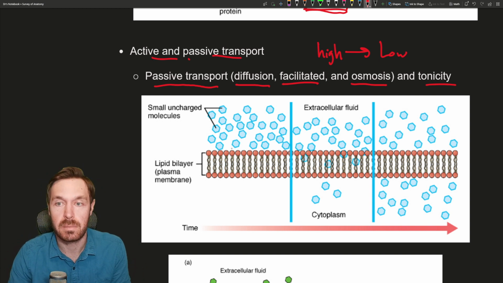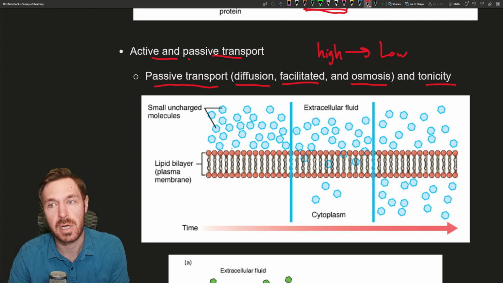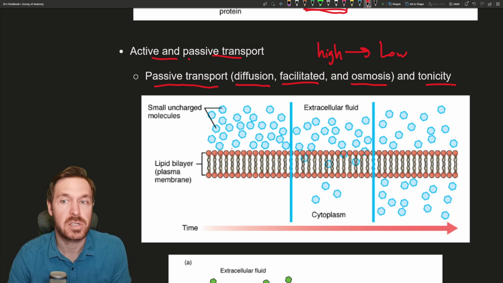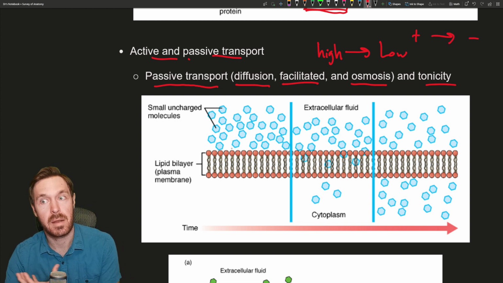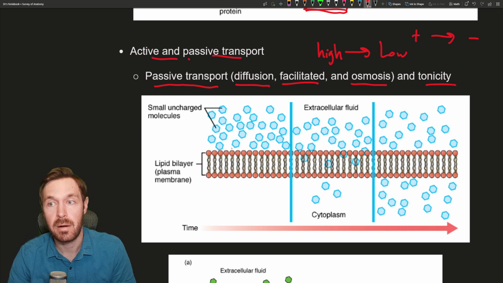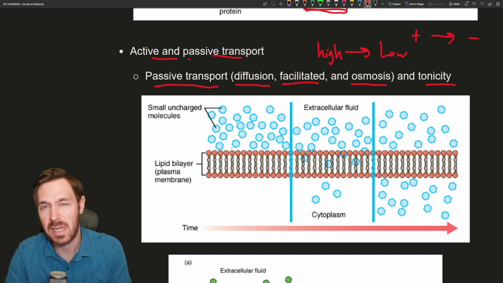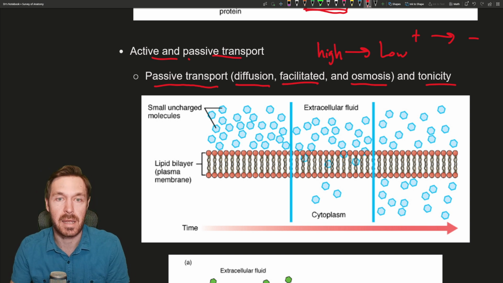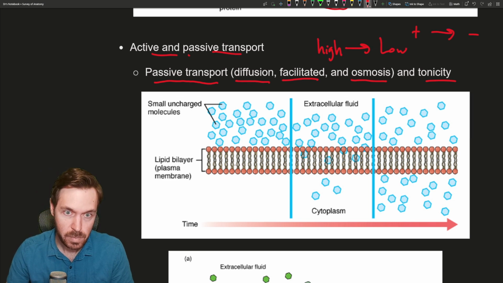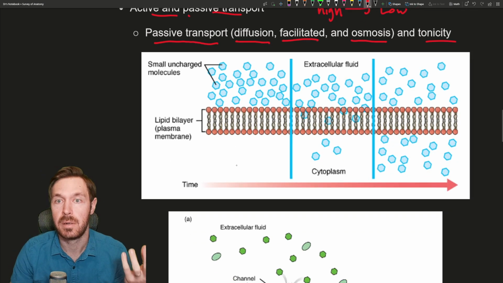So not only concentration here, but also charge concentration. Opposite charges attract. So a positive ion wants to flow towards a negative ion. And if it's in a high positive ion area, it wants to get out of there. We're not going to be getting into the details of that one here today, but it includes both. So what can move through the cell membrane?